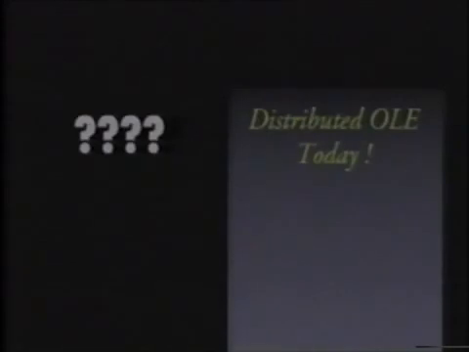Now, in doing OpenStep for Windows, we wanted to be a great OLE citizen. And so we developed technology to let our distributed objects look just like OLE objects. Matter of fact, really become OLE objects, so that we have seamless integration between OLE objects and our objects. And that's all in OpenStep for Windows.